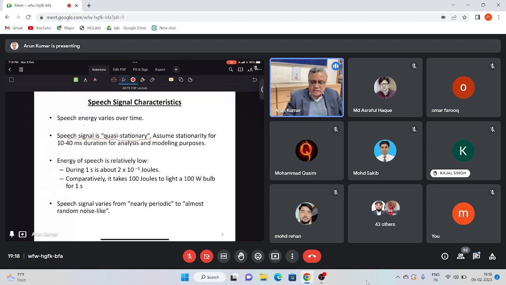Then we already saw that the speech energy varies over time. Also, the speech signal can be nearly periodic at times, especially for vowel sounds, and at other times it could be almost random noise-like.